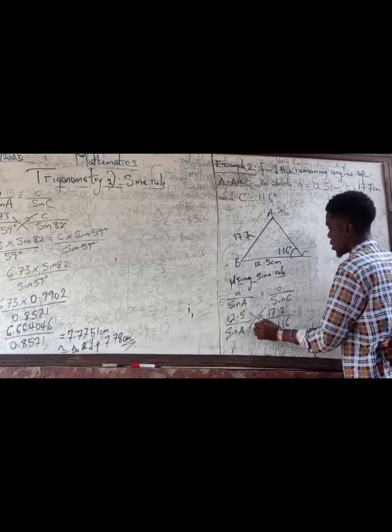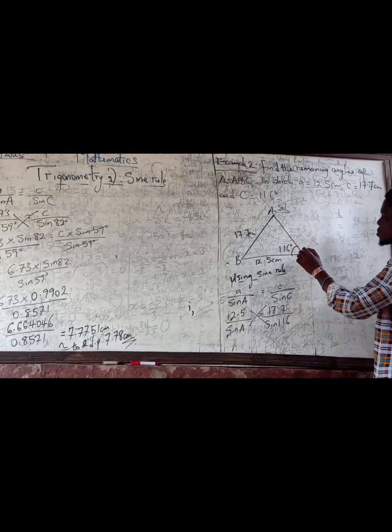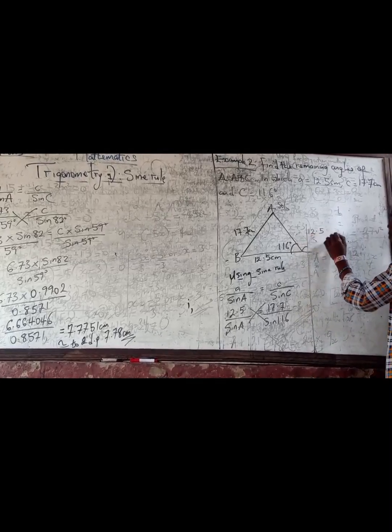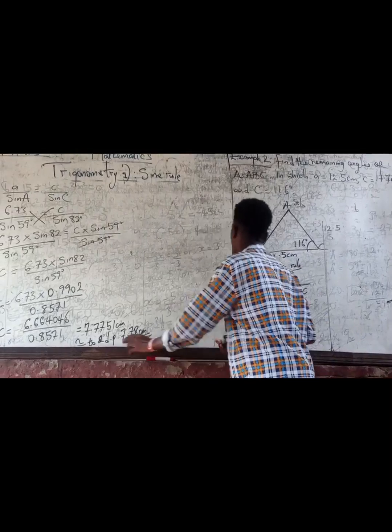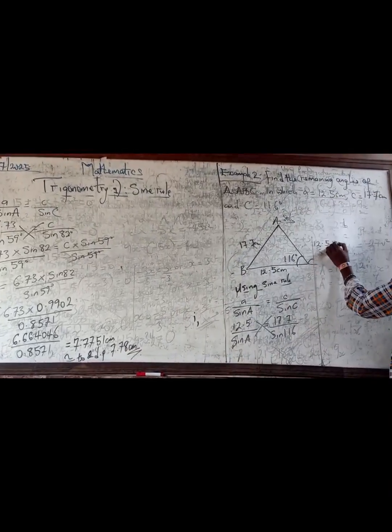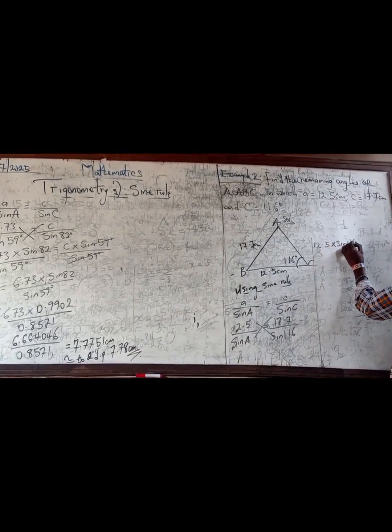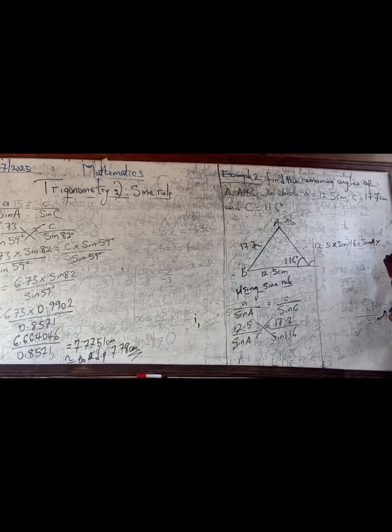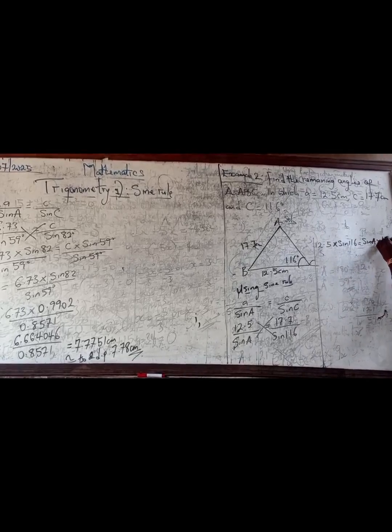So cross multiply, what do we have here? We have 12.5 times sine 116 is equal to sine A times 17.7.